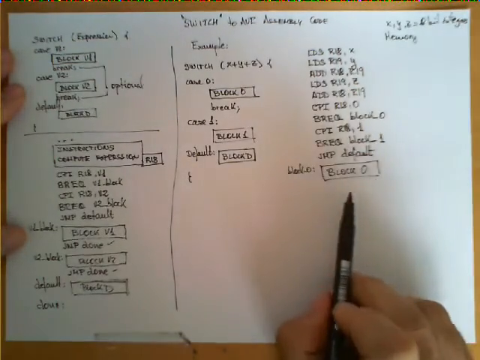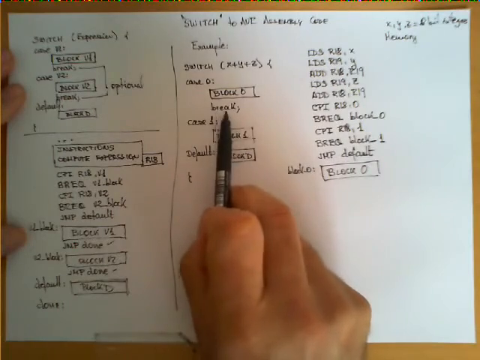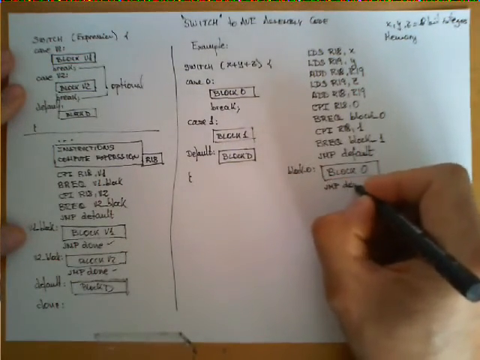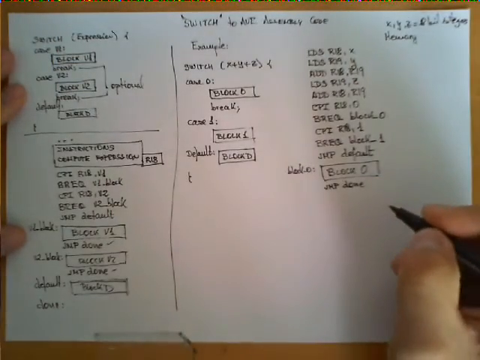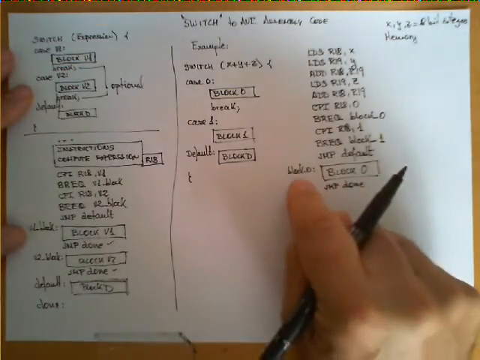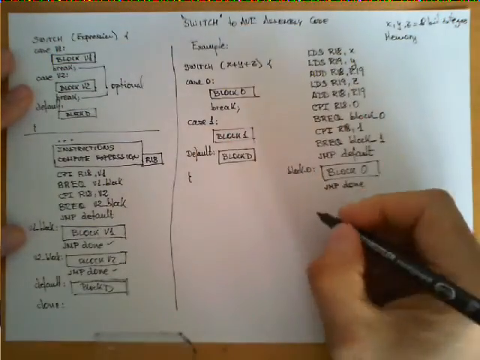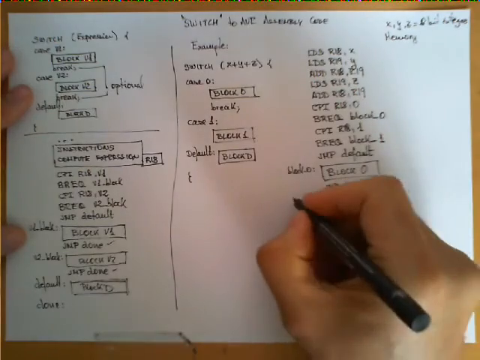Now, careful here, because after block 0 we did write the statement break. Therefore, we need to jump unconditionally to the place where we are done with this statement, which we will write a little bit farther down. After we've done that, and following this template, we are going now to insert the code for case 1, which we call block 1 to the label.